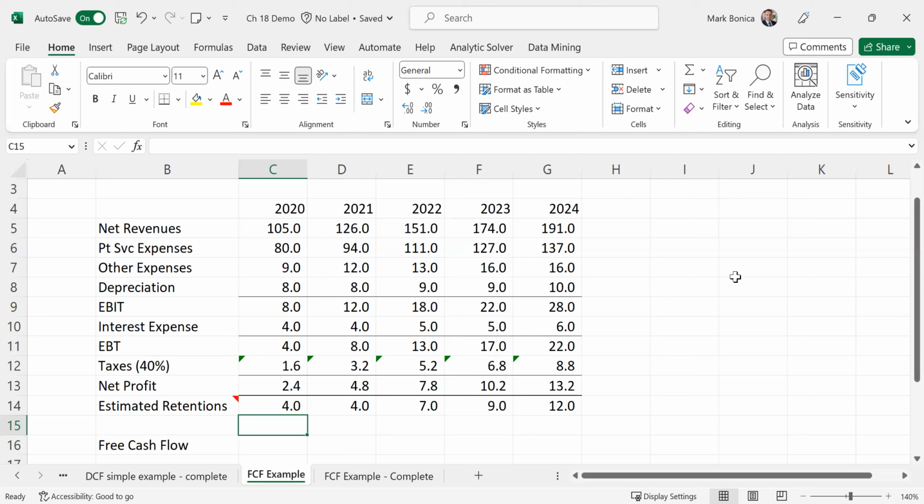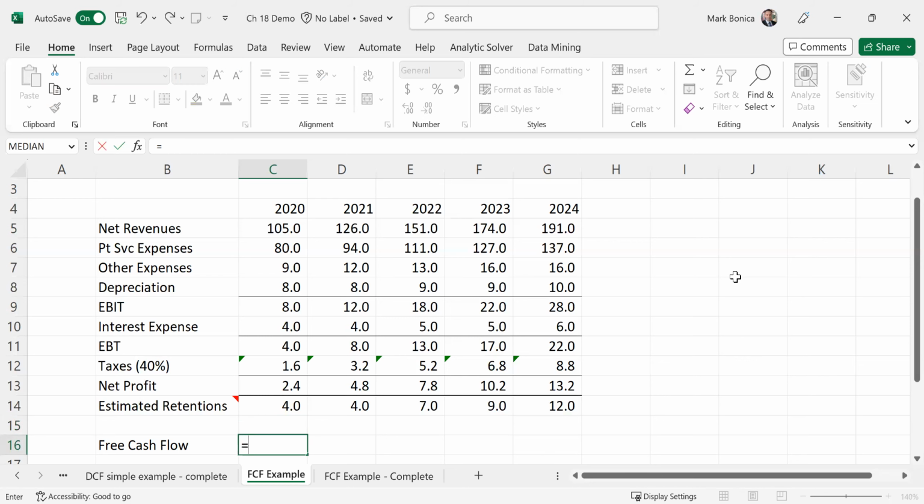So what we're going to talk about now is what we call free cash flow, which means it's the amount of cash that could actually be distributed back to the investors. So what would our free cash flow be? Well, it would be our net profit plus what, Brianna?